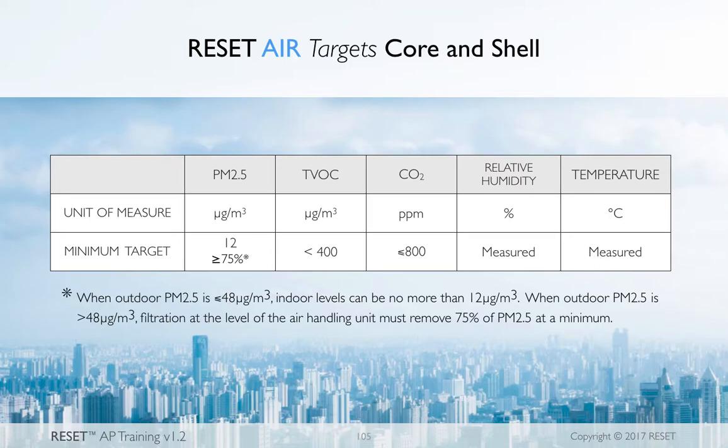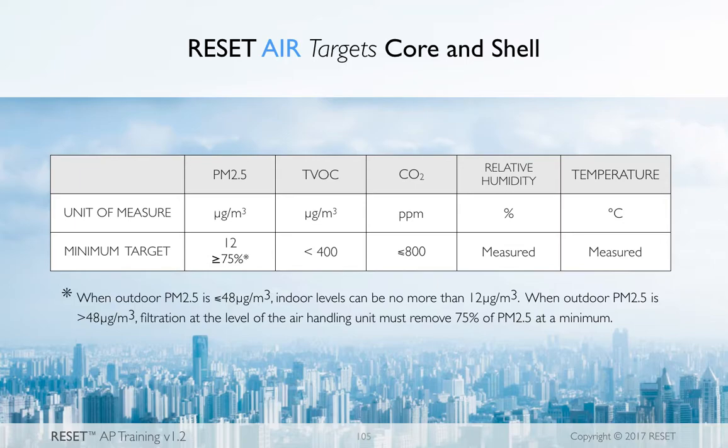Now, when outdoor PM 2.5 is greater than 48, so on those really polluted particulate days, the building's filtration has to handle cleaning up of that air and remove 75% of the particulate matter at minimum. So this is really what we call a protection factor, and it allows that minimum target to be a hard number, but a dynamic number, depending on the situation.